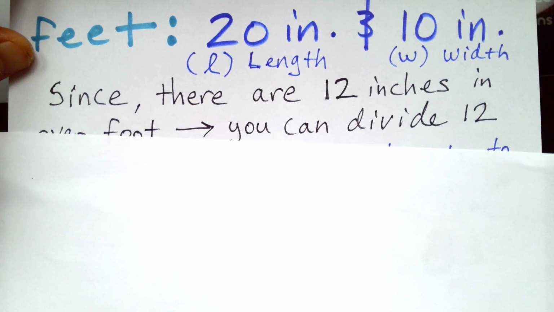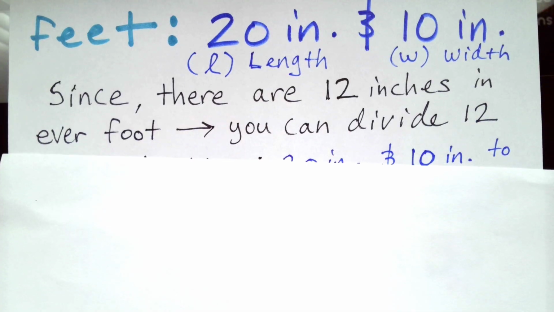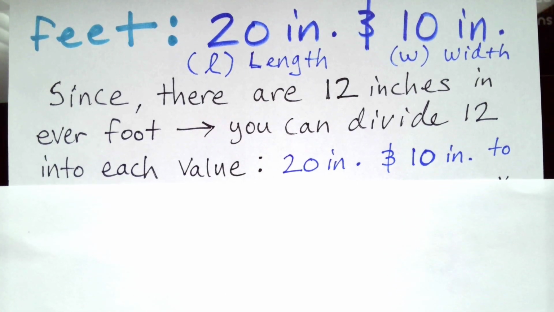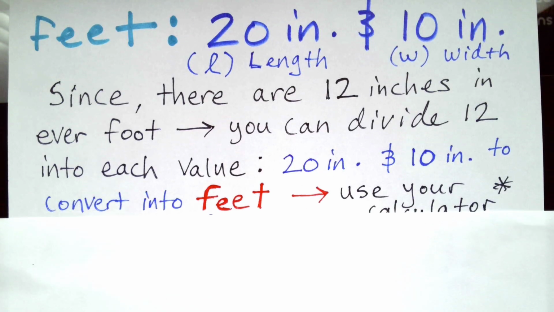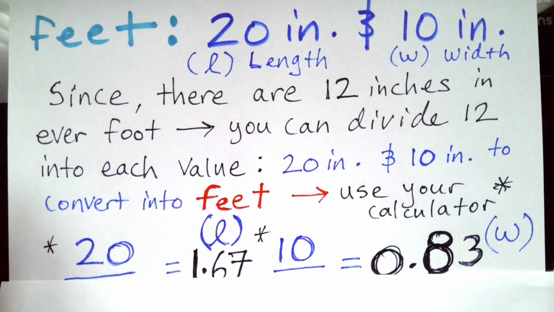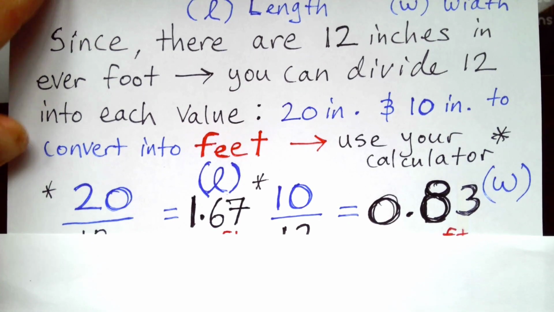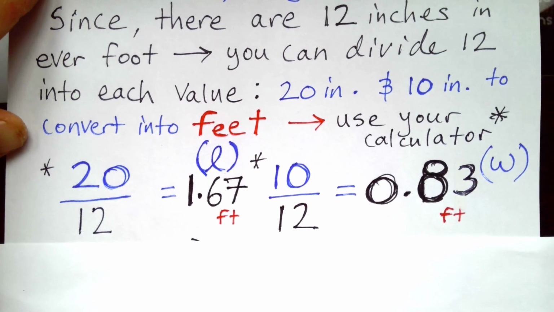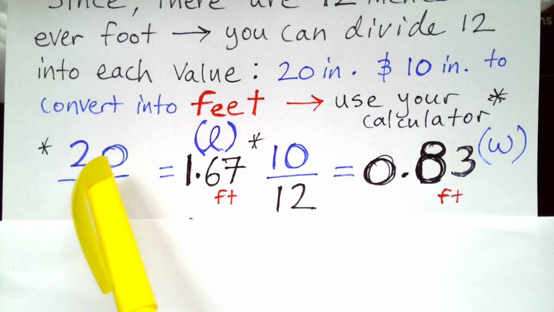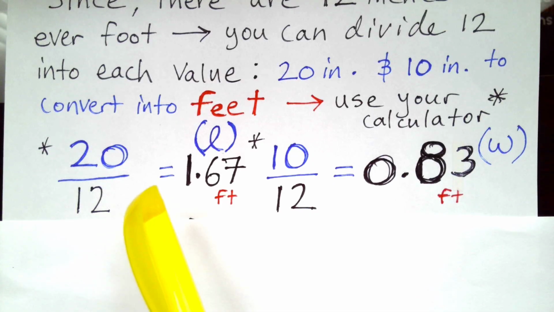Since there are 12 inches in every foot, you can divide 12 into each value to convert into feet. You want to use your calculator to do this. So 20 divided by 12 equals 1.67.